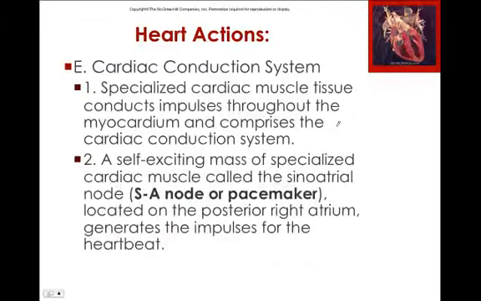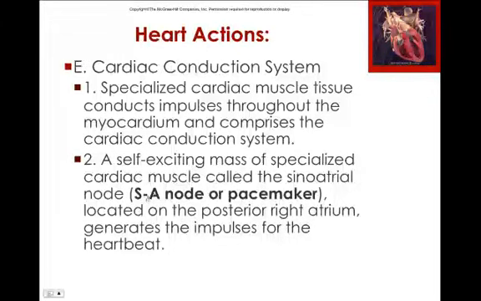So again, we have a specialized cardiac muscle tissue that actually is going to conduct impulses throughout the muscle tissue, the myocardium. And it's going to comprise what we call the cardiac conduction system. So we have these specialized cells that are actually these self-exciting cells. And these self-exciting cardiac muscle cells are concentrated in this one area called the SA node.